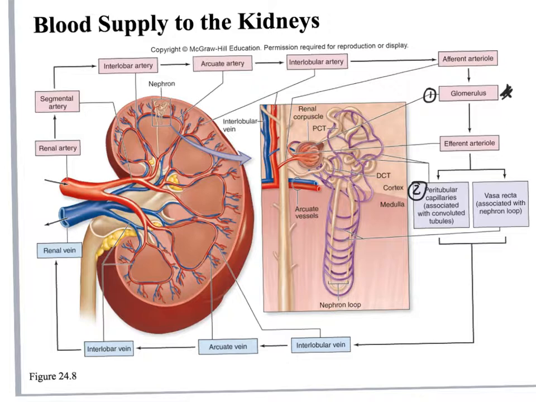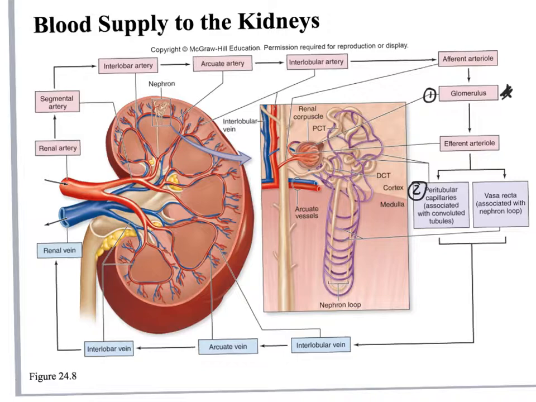And there's actually another one, the vasa recta, which is an extension of that peritubular capillary network, and that's part of the nephron loop. So you have this peritubular capillary network, which is around the proximal two parts of the nephron, and the vasa recta, which is around another part of the nephron.